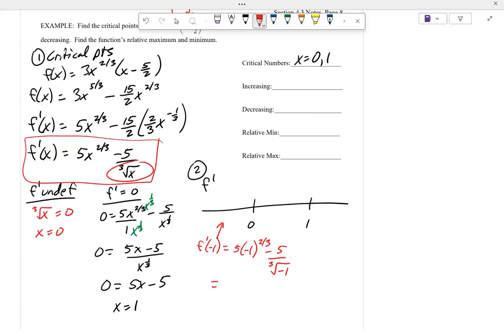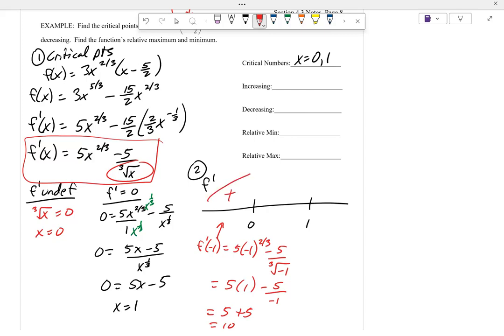You can just use your calculator if you want, or that's the 3rd root of -1 squared, right? So the 3rd root of -1 is -1, and -1 squared is +1. So that'll be a 5 times 1, minus 5 over the 3rd root of -1, which is -1. So I got a 5 plus a 5, which is a +10.